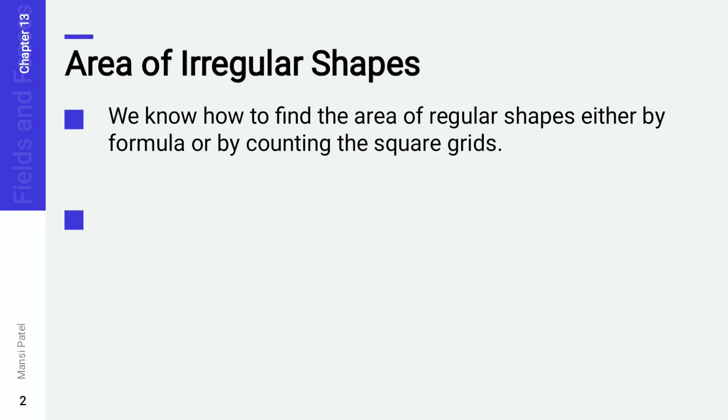But if shapes are given in square grids, then we count the number of squares inside that shape, and then we get the area of regular shapes.